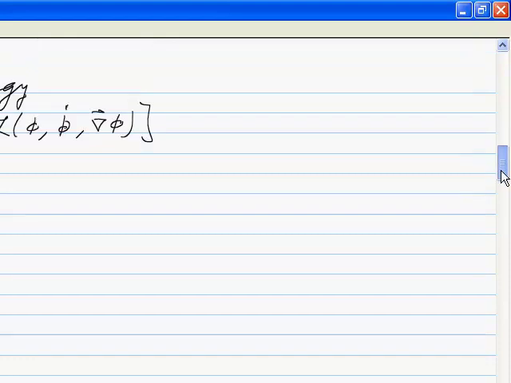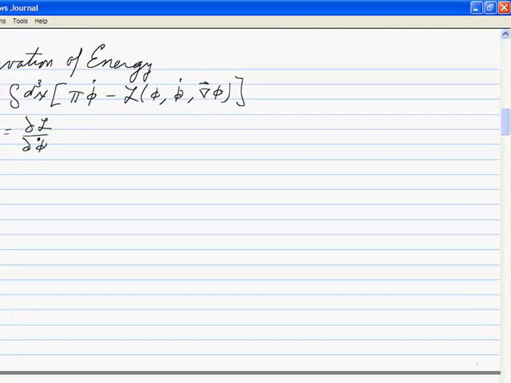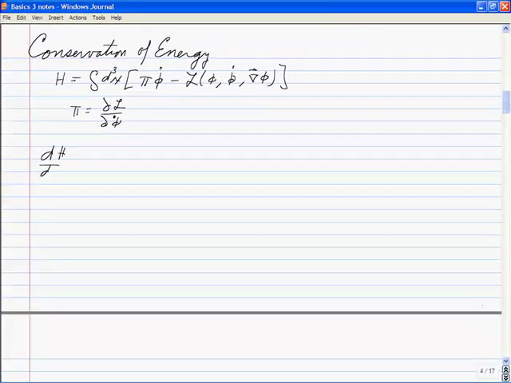We want to take dH/dt, the integral d3x. First thing I do is take the time derivative of pi.